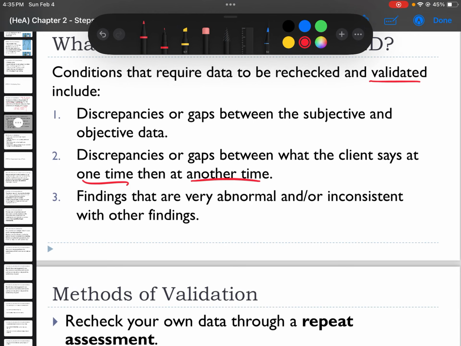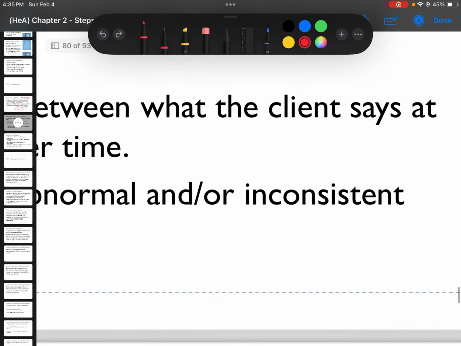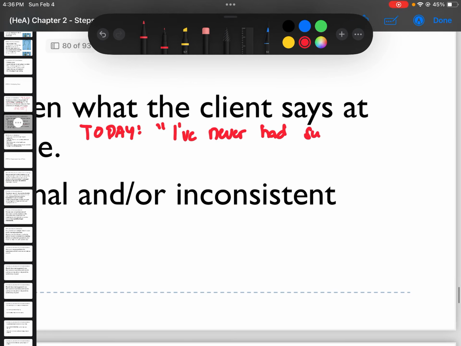Okay? What the client says to you at one time and then at another time. Let's say, for example, class, today the patient was admitted. Okay? The patient was admitted. And they tell you, I've never had surgery before.